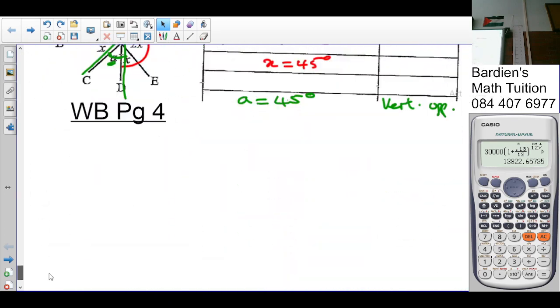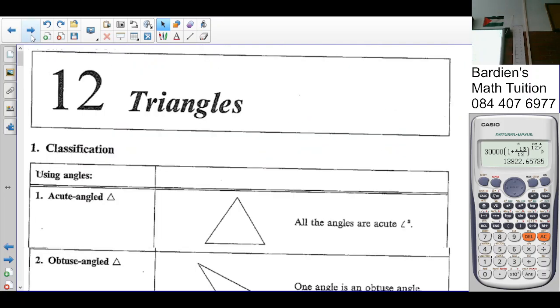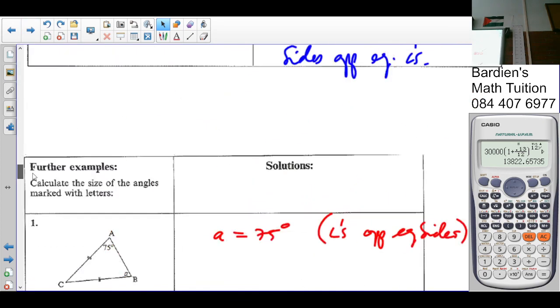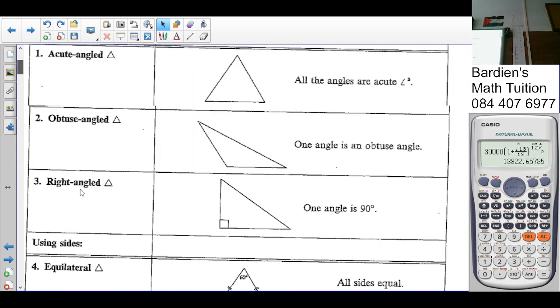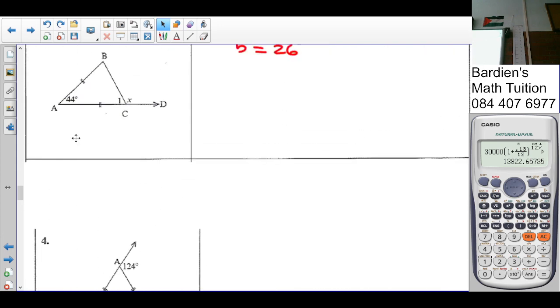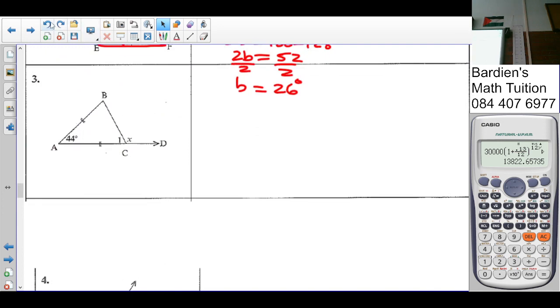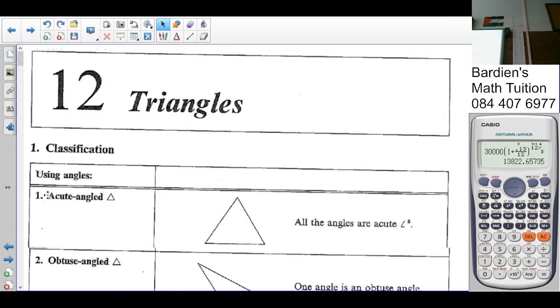Where did we stop in the booklet? Before we go into number 2, we will look at that thing. Which page did we stop at?